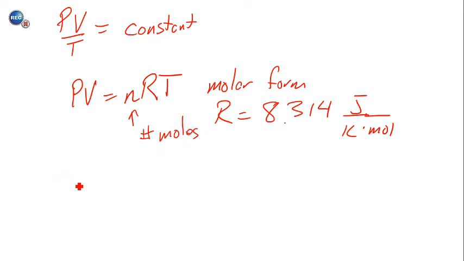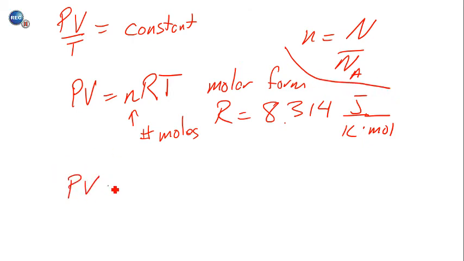So we can convert it to do numbers of molecules, because n is number of molecules over Avogadro's number. We can say that the pressure times volume is, well, we'll have some new constant, but we'll have the number of molecules times this k, I'll put a little b there for a reason in a moment, times the temperature.